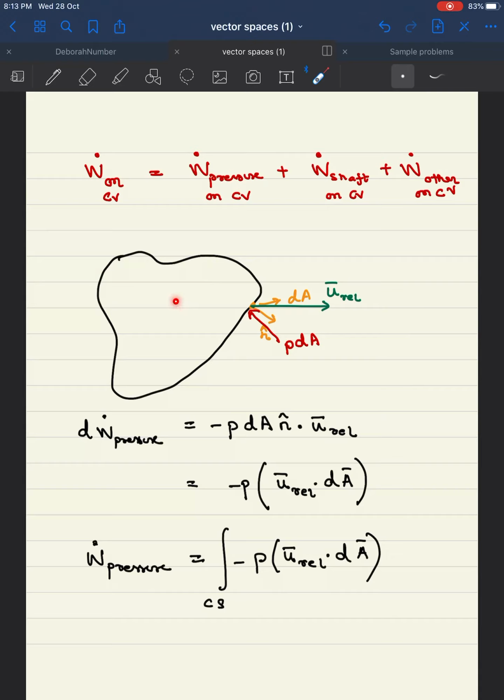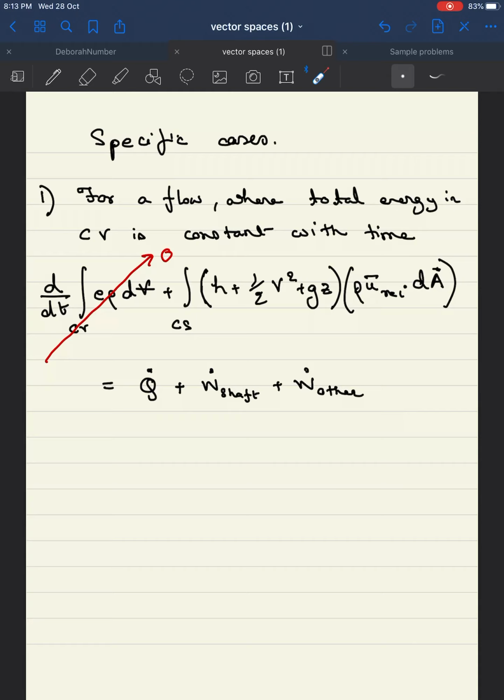For example, if you look inside the pump itself, where the vanes are moving, there might be an unsteadiness of flow there. But the flow can be steady at the global level. So the flow may be unsteady at the local level, but steady on a larger scale for the control volume. You have to decide whether this is applicable depending on the particular scenario. It's not just as simple as thinking whether the energy at every location is 0 or not.